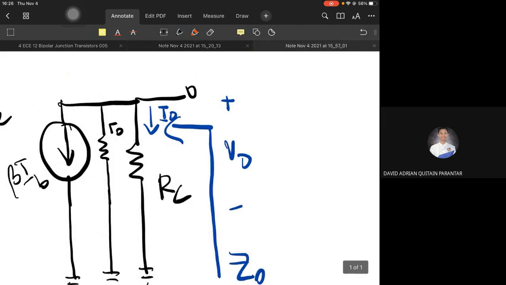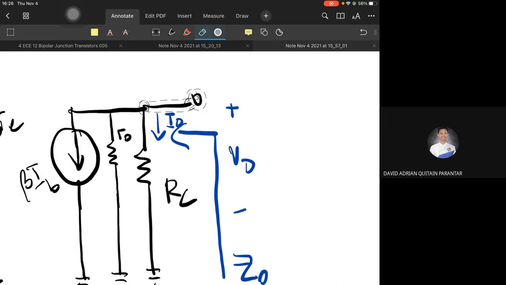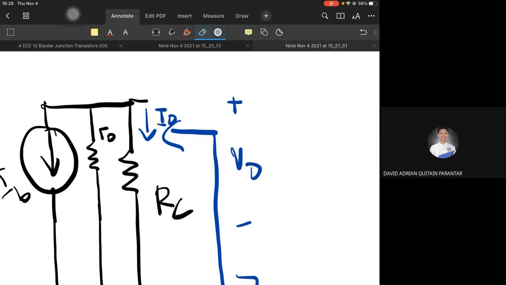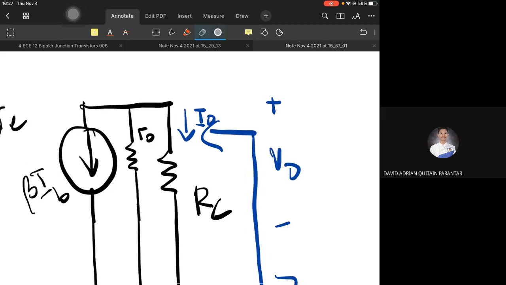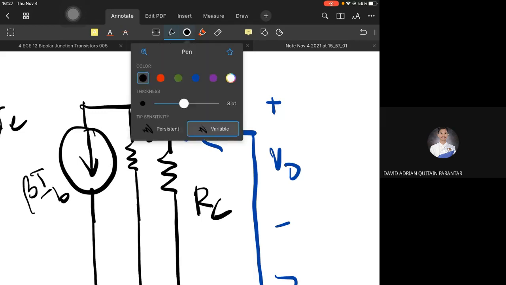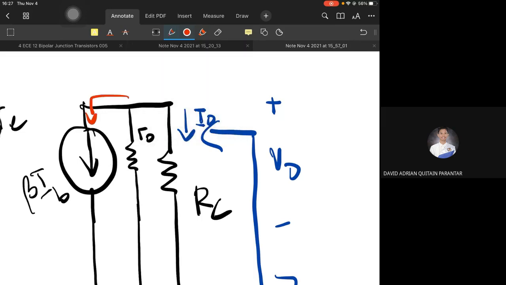We have not connected a load component here, so it is as if there is no branch yet. Notice the magnitude of IO is equal to the magnitude of the current source, only opposite in direction. Once RO and RC are combined, it is just one resistor, ZO.